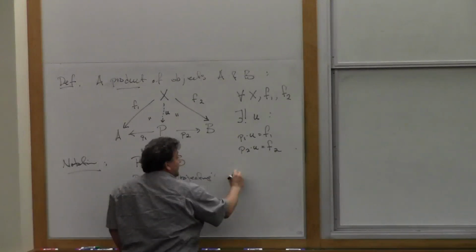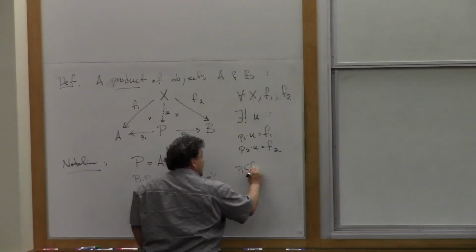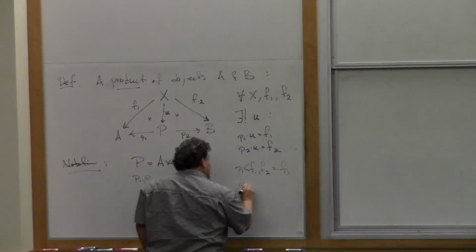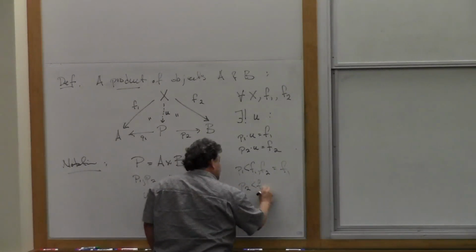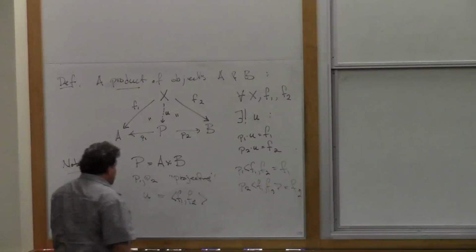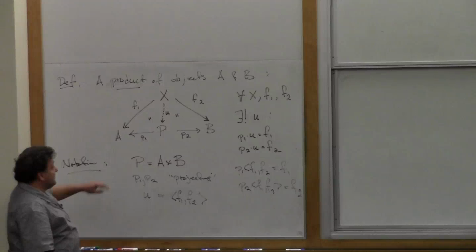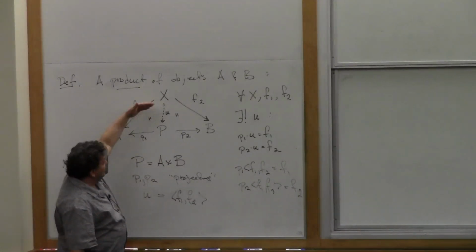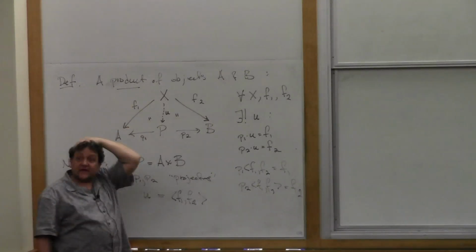And then the equations become P1 of ⟨F1, F2⟩ is F1, and P2 of ⟨F1, F2⟩ is F2, so that's the familiar projection equations. Okay, so that's the idea of defining a product in terms of mappings to, and in this case from, other objects in the category.